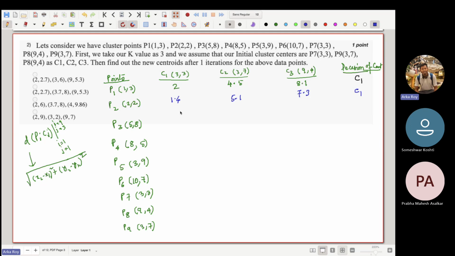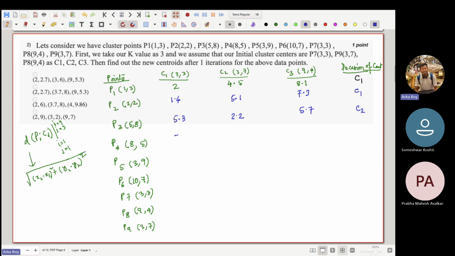Then the next one, for P3, the distance from C1 is 5.3, then 2.2, then 5.7. In this case, you can see that P3 to C2 has the lowest distance amongst all. Therefore, the decision would be cluster 2.